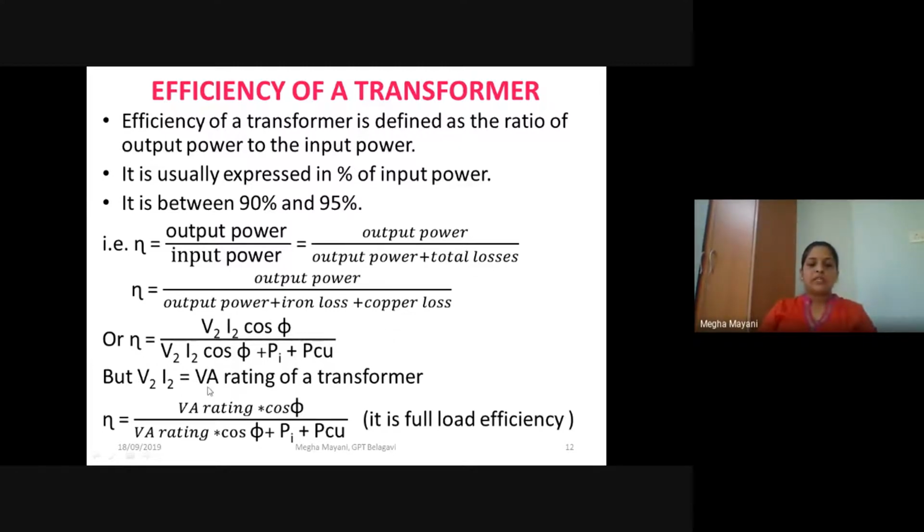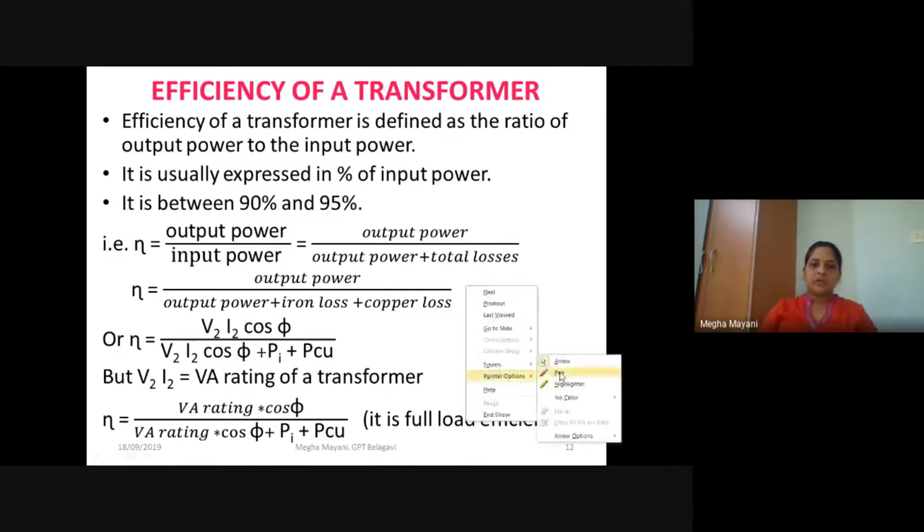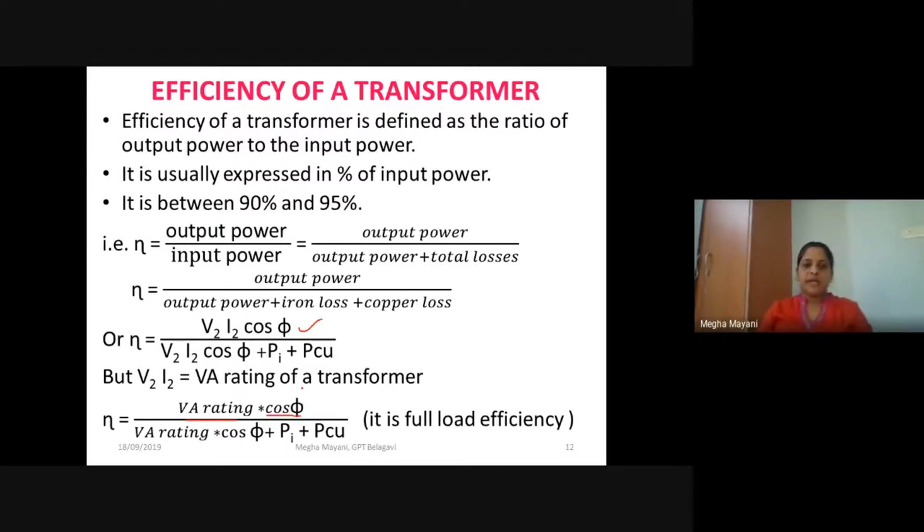V2 I2 corresponds to the VA rating of the transformer, so we can replace V2 I2 by the VA rating multiplied by cos phi, and similarly in the denominator also. So this expression is the expression for efficiency of a transformer considering full load. That is, when you have full load connected across the secondary winding, the efficiency can be found by this expression.